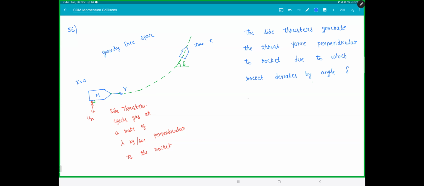Angle of deviation, basically. Find delta. M is the initial mass of the rocket, and V is the initial speed. So initially the rocket is going in a straight line with speed V, then you switch on the thrusters.